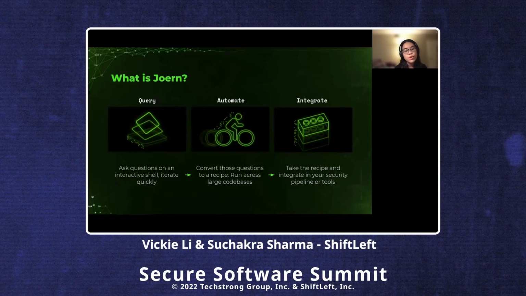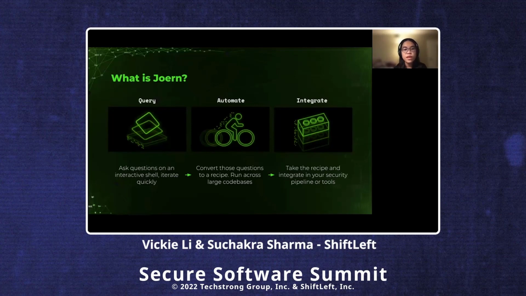So what you can do with Joern is that you can ask questions about your code base with the shell, and then you can formulate queries that look for specific behavior in your code, like insecure coding practices or outright vulnerabilities that the attackers can exploit. And then you can convert these queries into a script that allows you to run them repeatedly and automatically across a wide variety of applications.